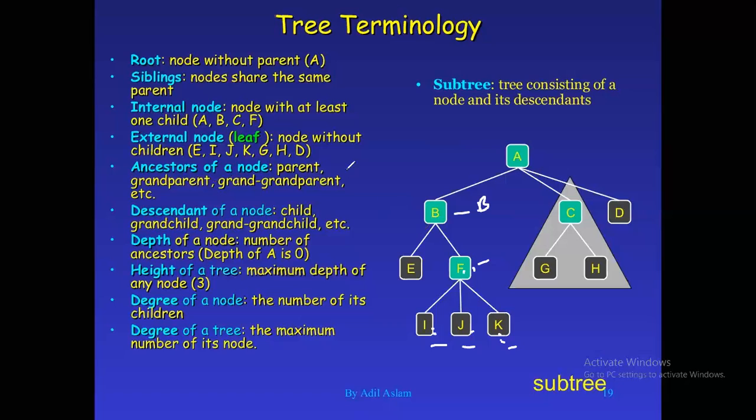Here is the best example, one more time I'm saying. When you take F, the ancestors are B and A. F's descendants are I, J, K. In another way, for example, B: B's ancestor is A. B's descendants are F, I, J, K, E. They are all the descendants.